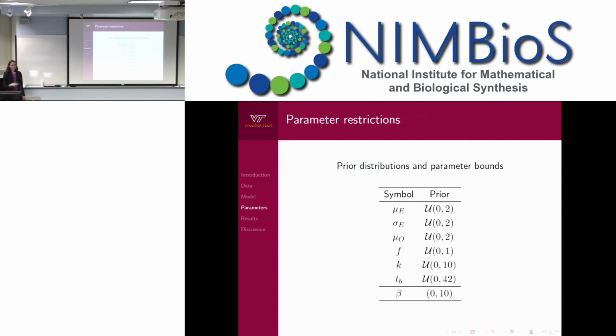You'll notice in the results that it comes out quite low. F here is the probability of whether you go to a bursting oocyst or a non-bursting oocyst. We bound that between 0 and 1. And then I mentioned we have these 2 parameters, K and TB, that we don't have a good way to think about. We bound K between 0 and 10, and TB between the bounds of the experiment, 0 and 42. And then down here, beta is not actually in.